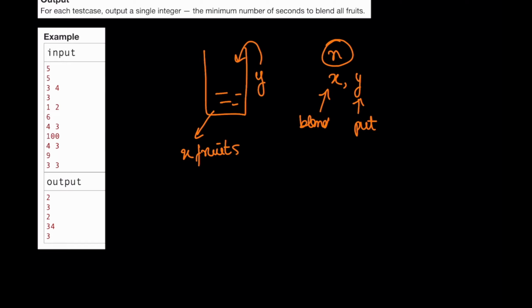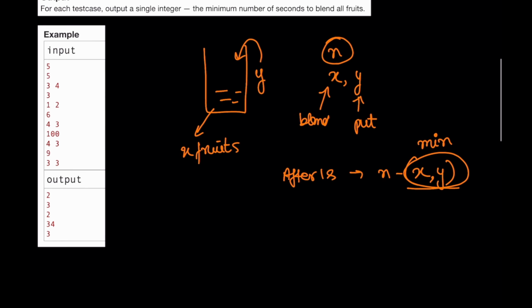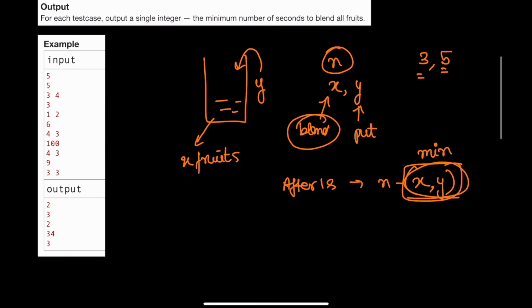After 1 second, we would have n minus x or y fruits, something like this. So what would be the minimum? Let's suppose the blender can only blend 3 fruits in 1 second, but we put in 5 fruits. So the answer would be n minus 3. Only 3 fruits would be blended in 1 second.